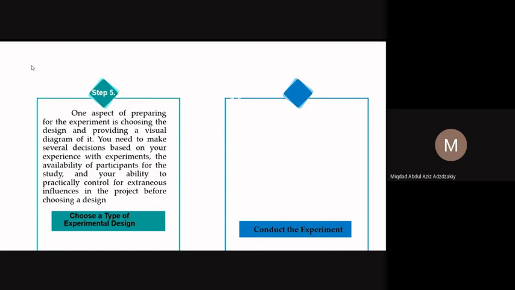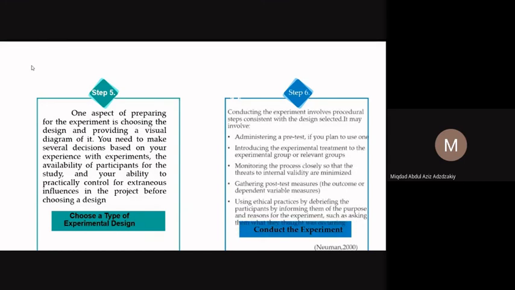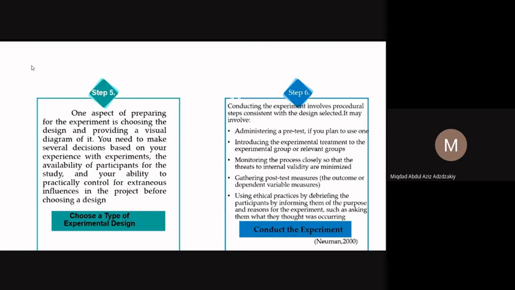And step 6: conduct the experiment. Conducting the experiment involves procedural steps consistent with the design selected. It may involve, first, administering a pretest, if you plan to use one. The second is introducing the experimental treatment to the experimental group or relevant group, and monitoring the process closely so that the threats to internal validity are minimized.